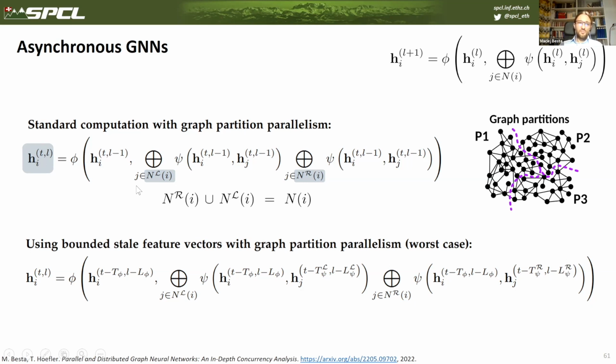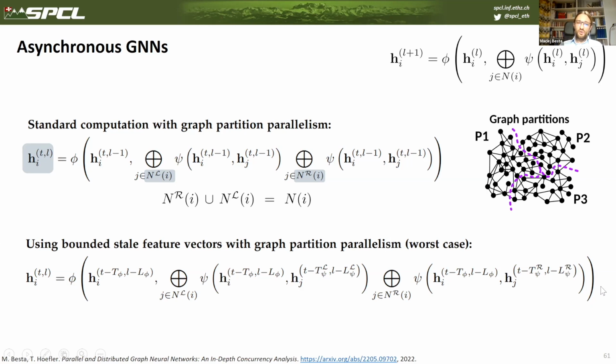And in this middle equation here that I just explained before, we can see that this is still synchronous execution because the state of our feature vector in, for example, layer L and training iteration t is based on the feature vectors of the same training iteration t, right? So t is also here always the same, and also on the L-1 GNN layer. So we do as we did before. We grab the feature vectors from the L-1 GNN layer, and we use them to compute the feature vector in the next GNN layer.